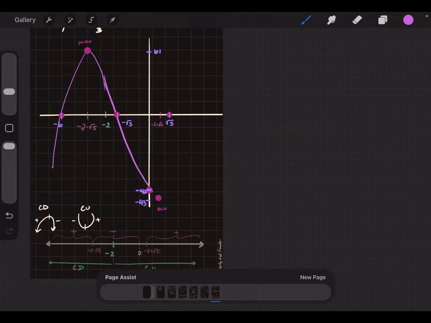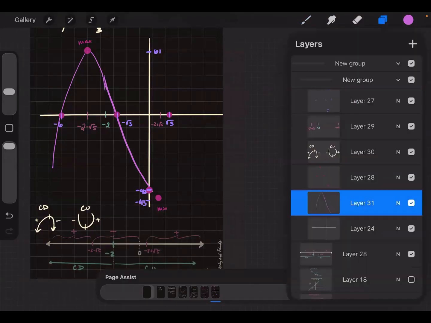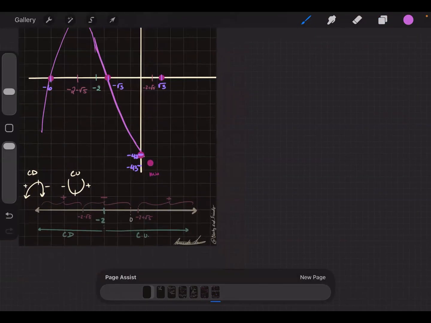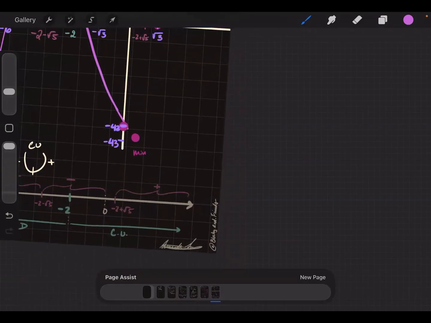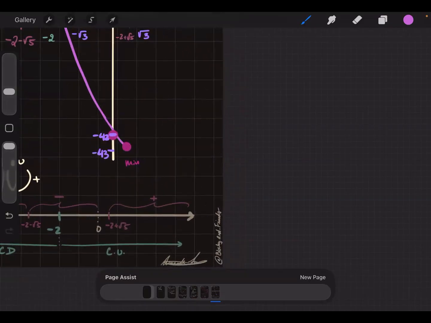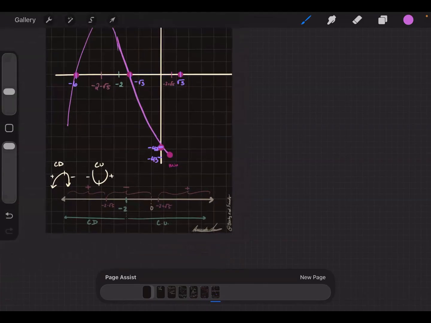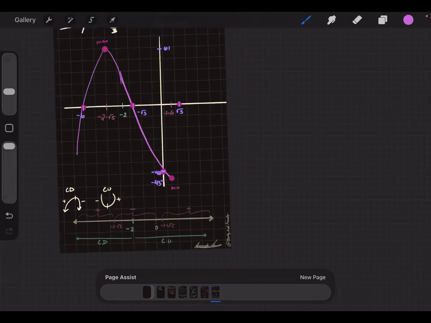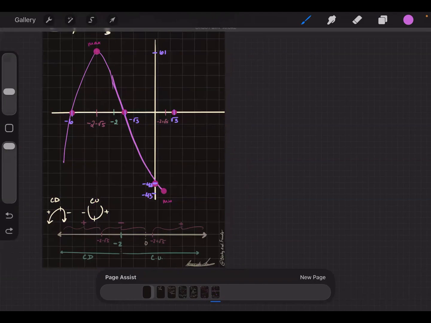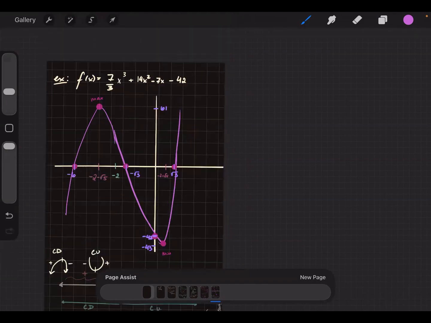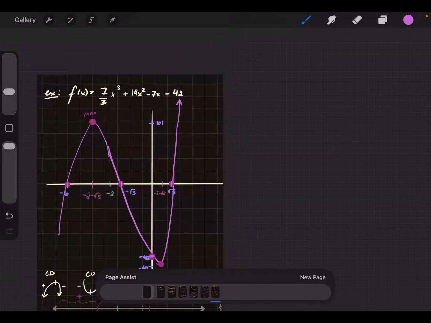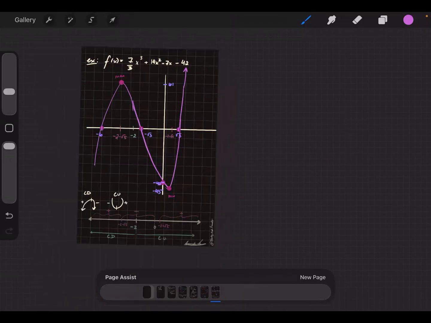Concave down, decreasing. And then concave up, decreasing. And then from negative 2 plus root 5 to infinity, it is concave up, increasing. Concave up, increasing looks like this. So then we can just kind of whee. That's it. That's how you do it.